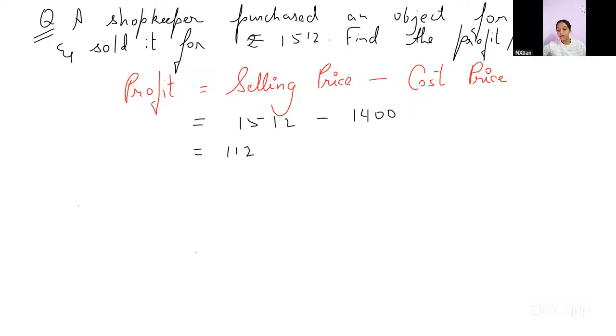So the formula to calculate profit percent becomes profit divided by cost price into 100.